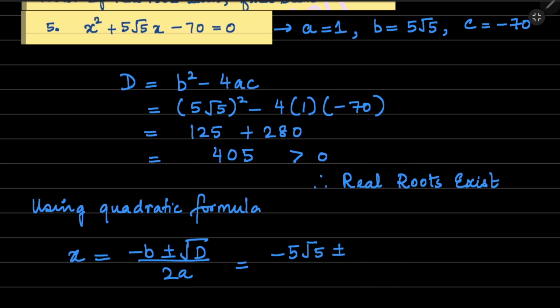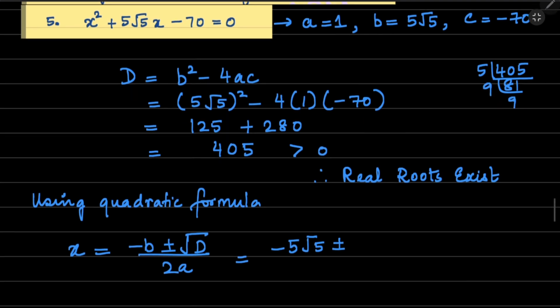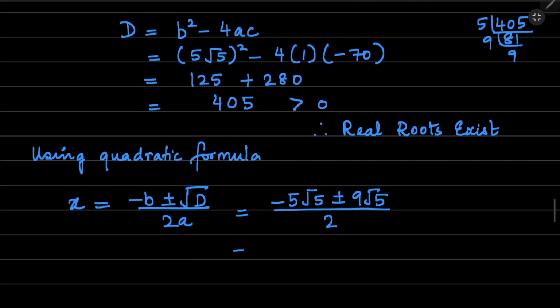How can you write 405? Let's take the prime factorization. 5, 81, 9 9s are 81. So root of 405 is 9 root 5. Whole divided by 2 into a, which is just 1, so I'm just going to write 2.